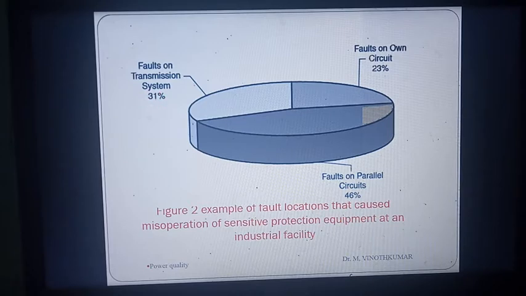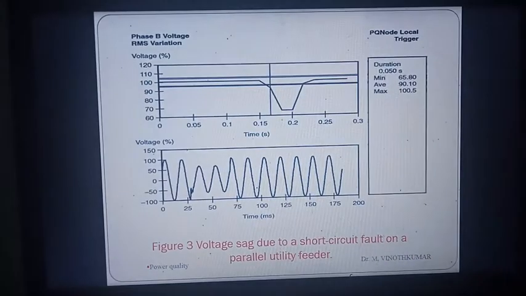What we have to understand is that equipment misoperation also leads to voltage sags and interruptions. This is the picture of a faulted system. They are taking the phase B voltage, and this is the RMS voltage in the upper chart, and this is the system voltage in percentage.